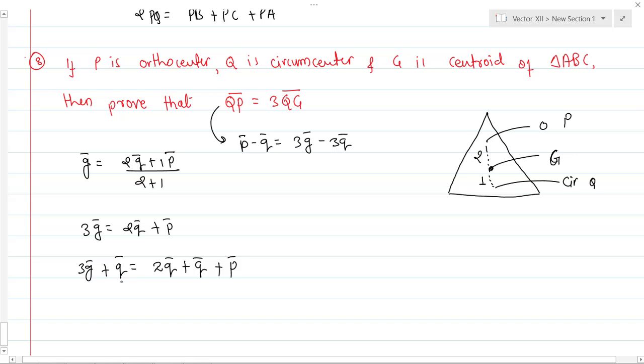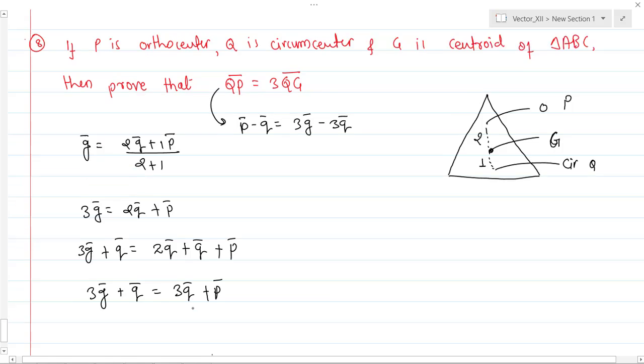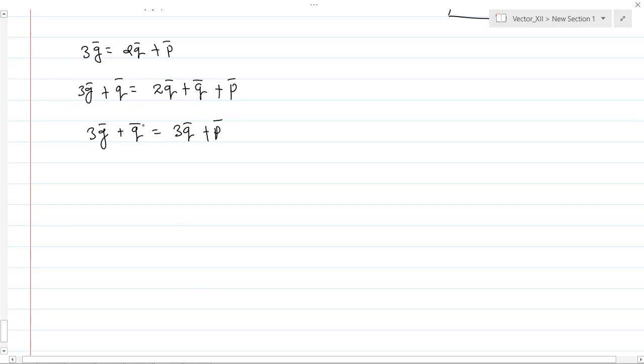So what I have done here is I have added 1 Q bar. So this gives 3 G bar plus Q bar equals 2 plus 1 is 3, so 3 Q bar plus P bar. Now let's take this Q on this side and this Q on this side, so 3 G bar minus 3 Q bar equals P bar minus Q bar.